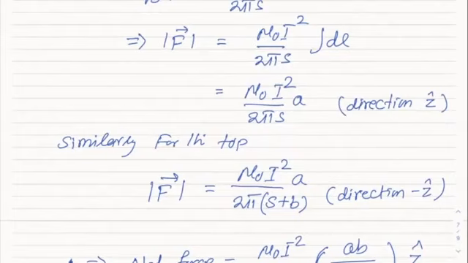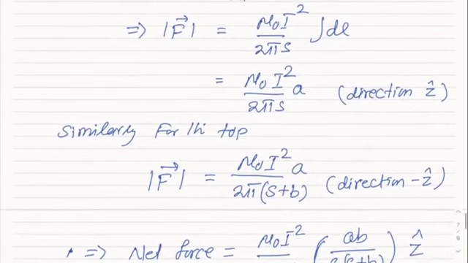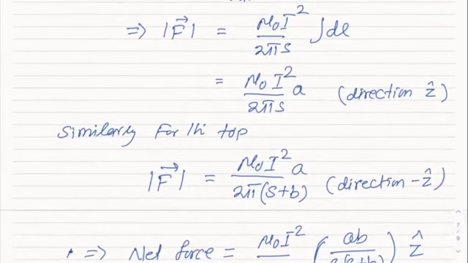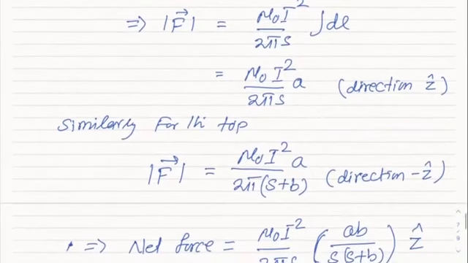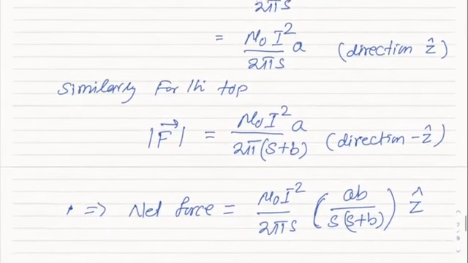The integration again will give you A, and that direction is minus z cap. Now, what I urge you is that please verify these calculations and the directions as well using some simple geometrical arguments, and see if this is done correctly. That's what you should do.